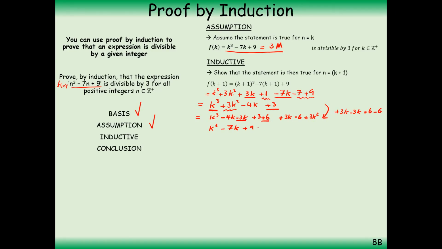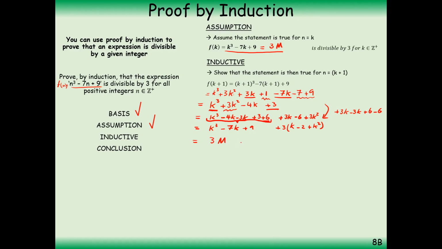So at this stage I've simplified these terms by putting a bracket under them, and I can factor a 3 out of these extra terms that weren't in the original f of k, and write it like so. What we did was that in the assumption step, we said that k cubed minus 7k plus 9 was divisible by 3.